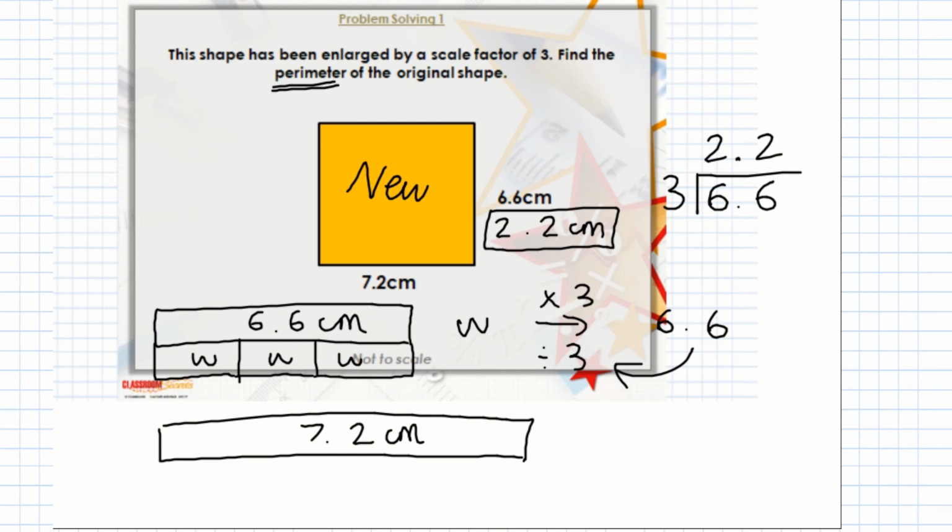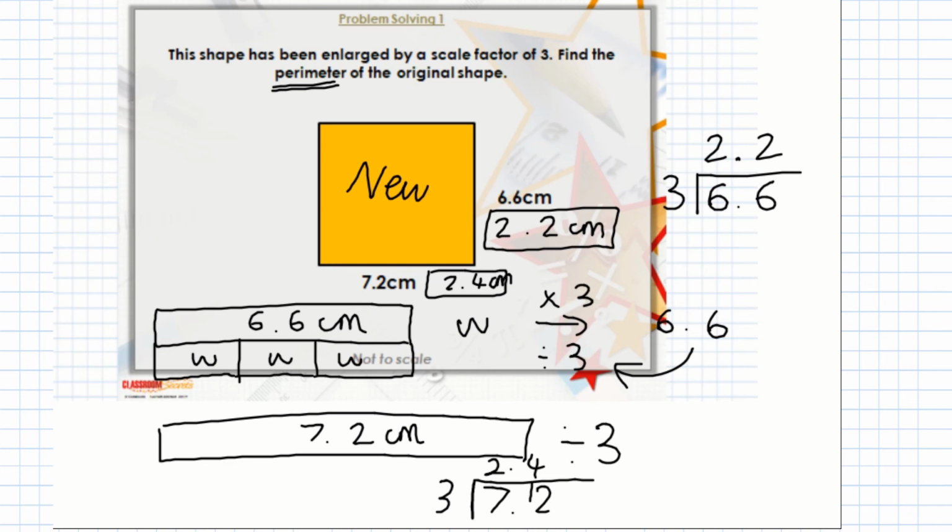And in the same way, I'm not going to finish the bar model, but we need to divide this by 3 also. 7.2 divided by 3. 3's into 7 goes twice, remainder 1. 3's into 12 goes 4. So that would be 2.4 centimetres.